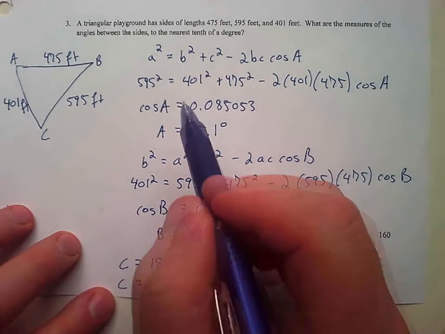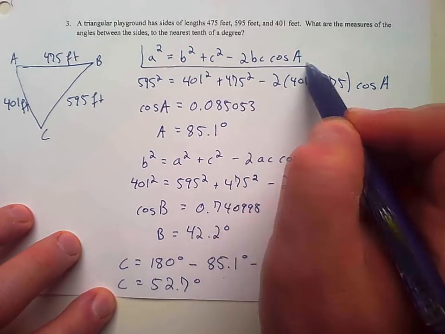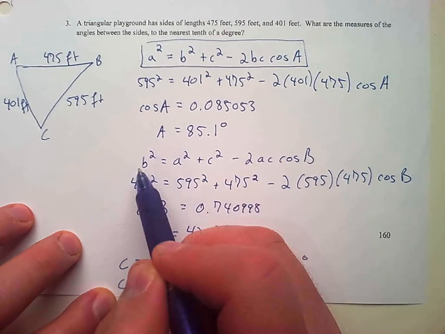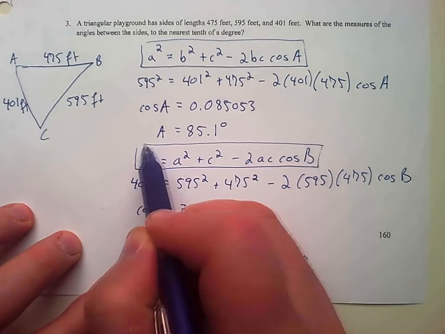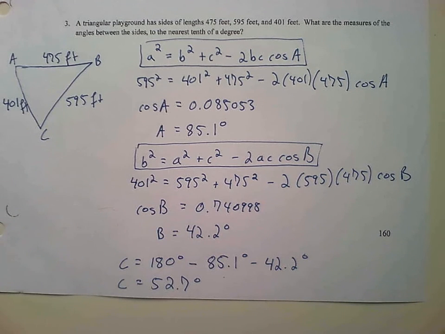Now, as you can see, as long as we know the formulas for the law of cosines and when to apply this, figuring out these angles is relatively straightforward as long as we do the arithmetic correctly.